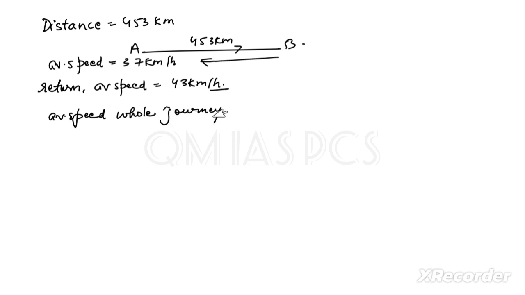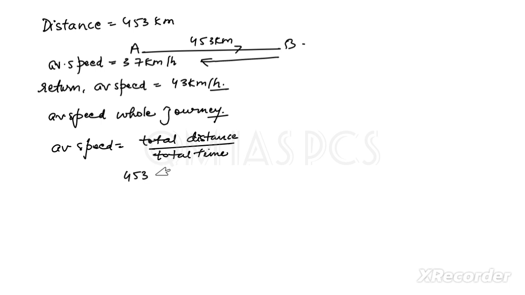Similar thing, right? If it is asked for the average speed, we will write total distance by total time. So total distance is equal to 453 plus 453, divided by total time.